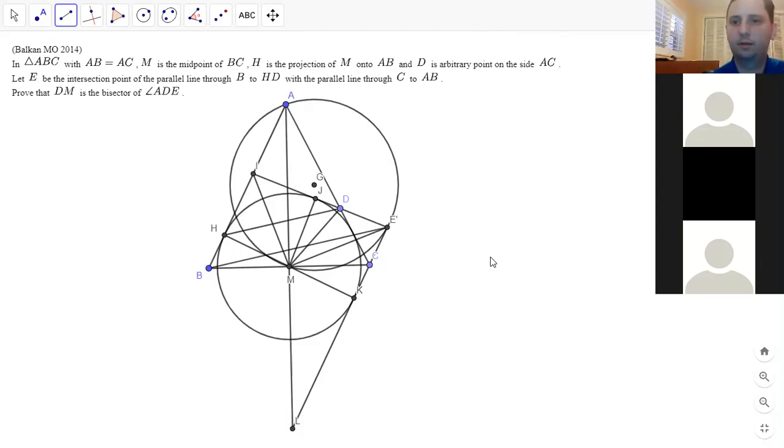Times that. Yes, I'll draw BL. So we have a rhombus, basically.